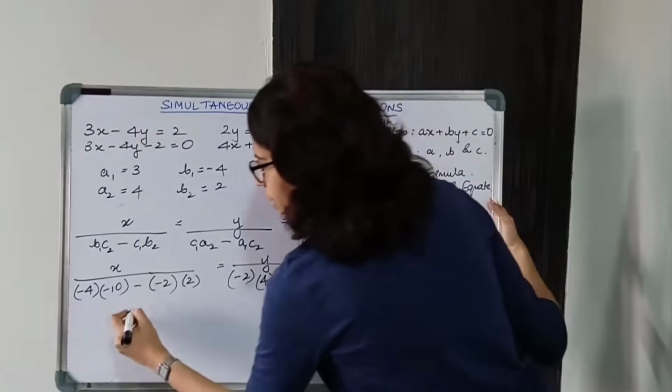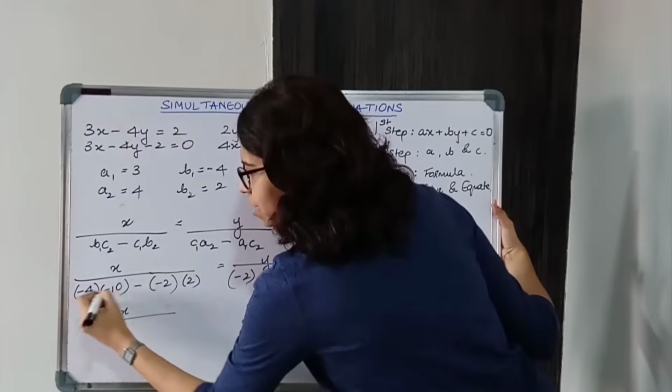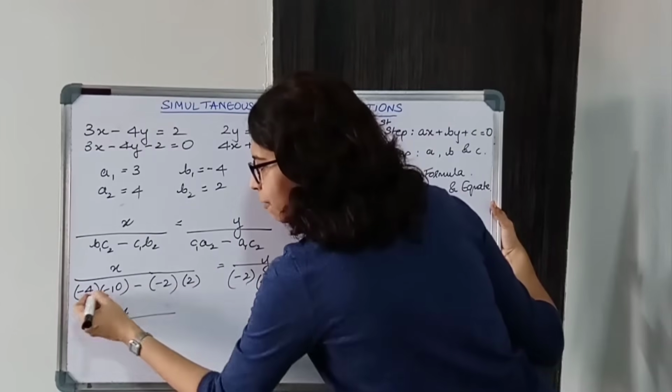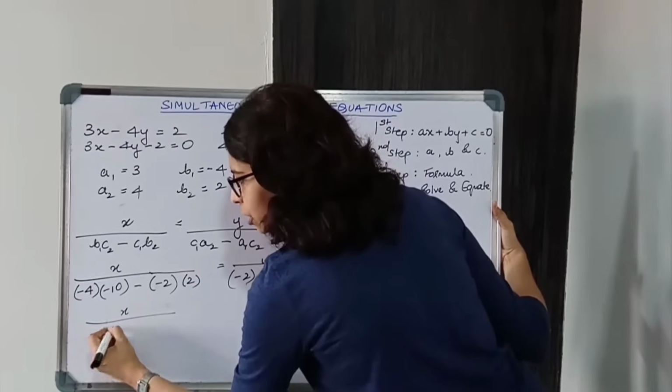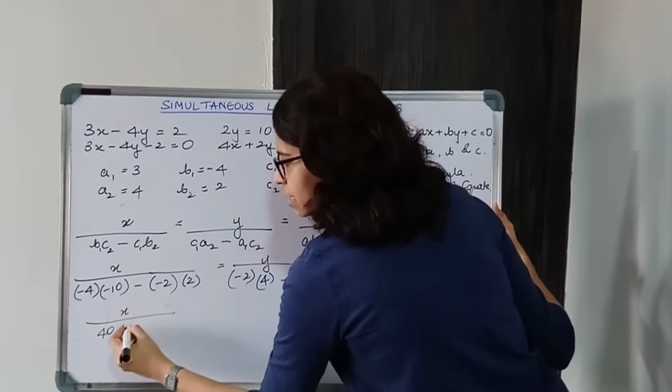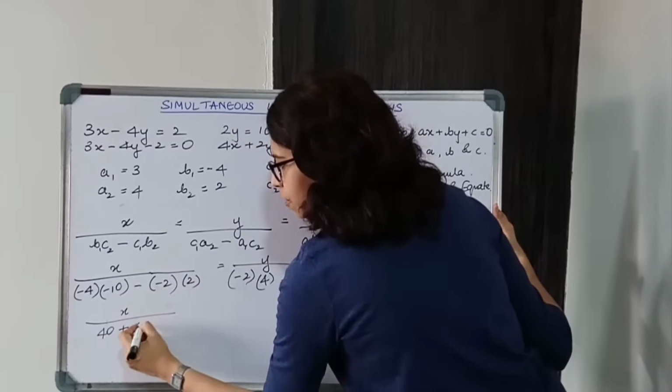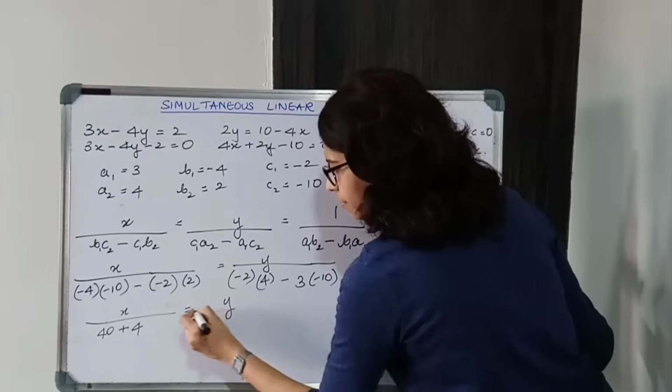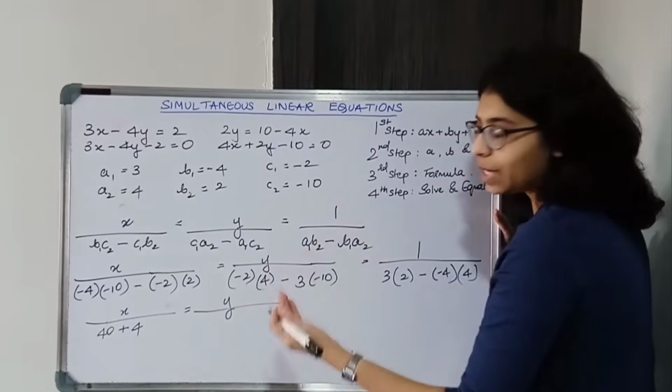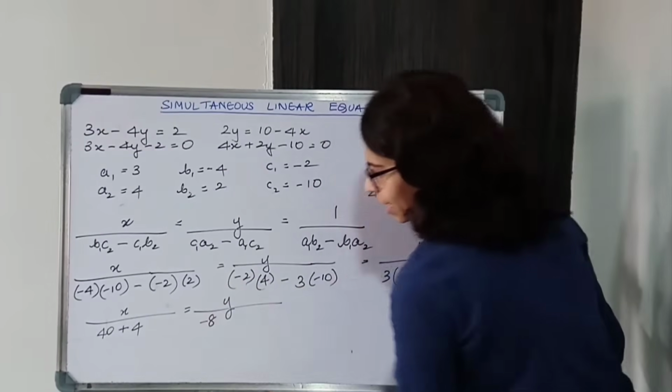Okay, so now minus into minus gives plus and 4 into 10 gives 40, so plus 40. Okay, minus into minus gives plus, 2 2s are 4. Minus into plus gives minus, 2 4s are 8.